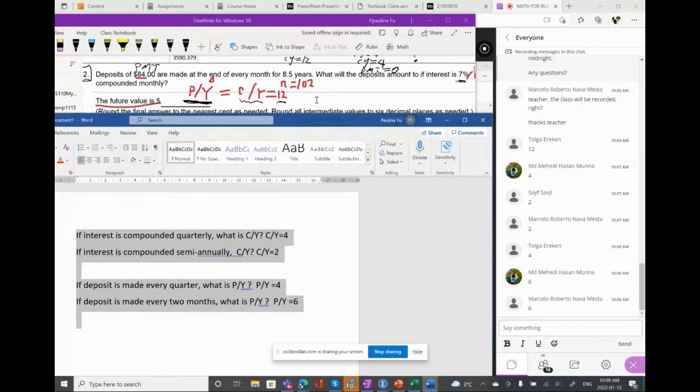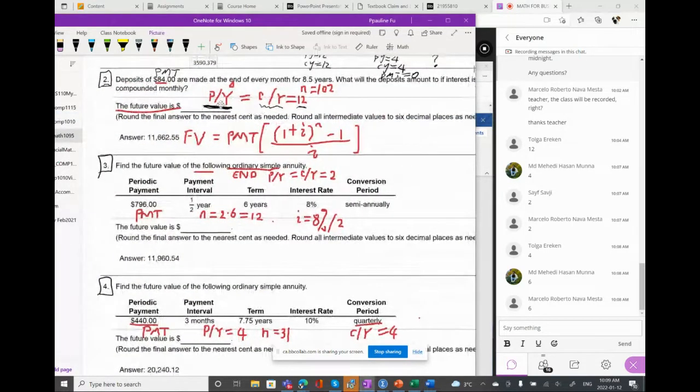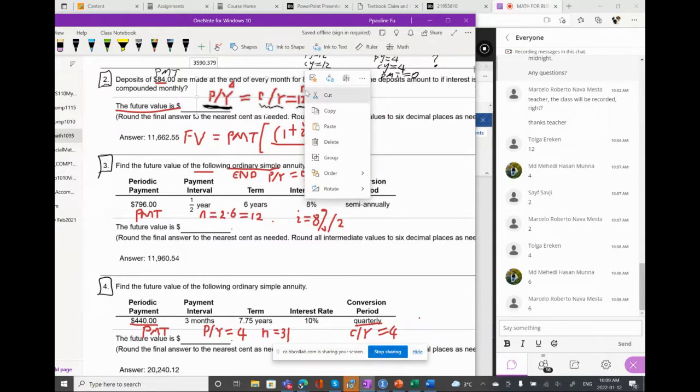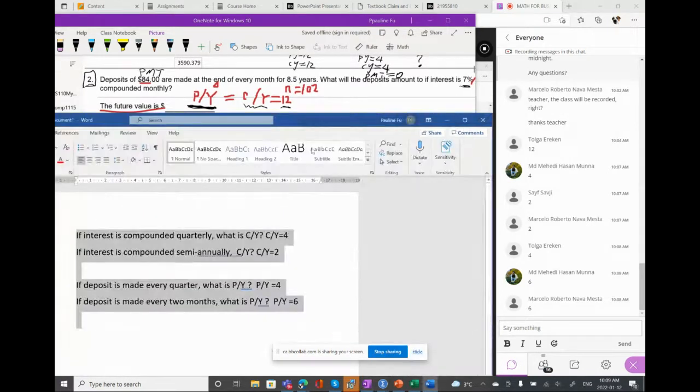And then look back to this question. In this question, PY equals 12, CY equals 12. Now I will explain term N. You make deposits for how long? This question said 8.5 years.